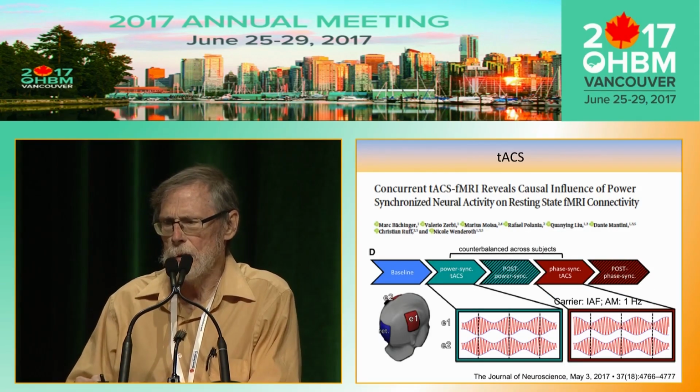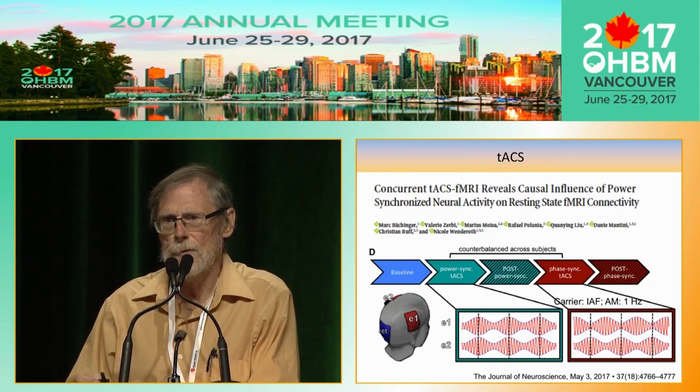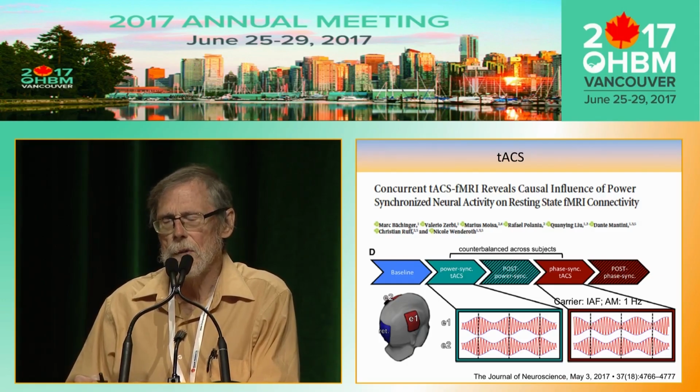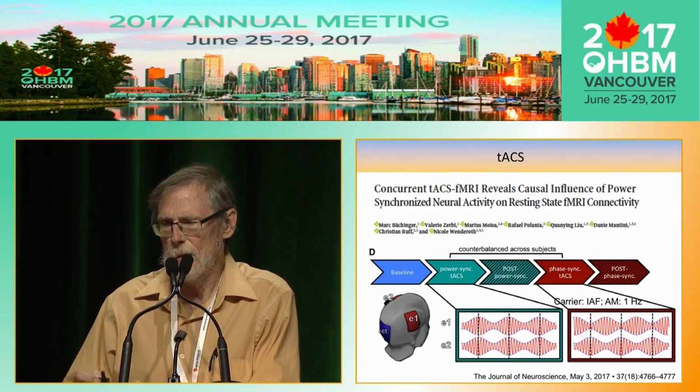Here's a second study in which the investigators used the individual alpha frequency of the individual, which is around 10 hertz, as a carrier, which was then modulated at 1 hertz, either using in-phase or out-of-phase modulatory activity. They looked at various conditions using tACS, again, 2 separate current sources over left and right motor cortex, either in phase or out of phase.